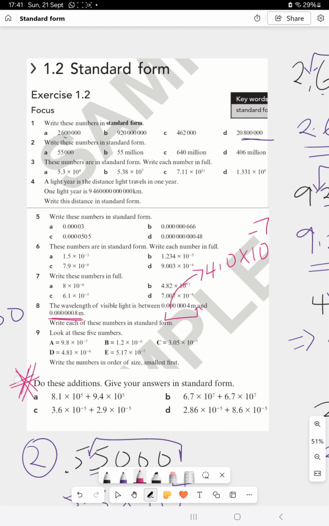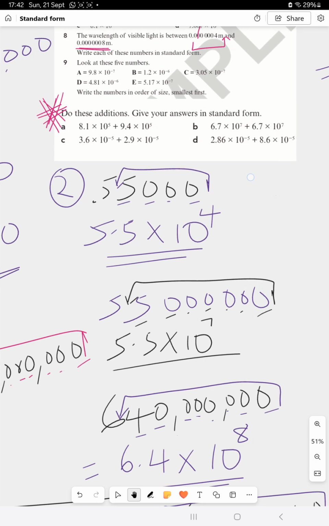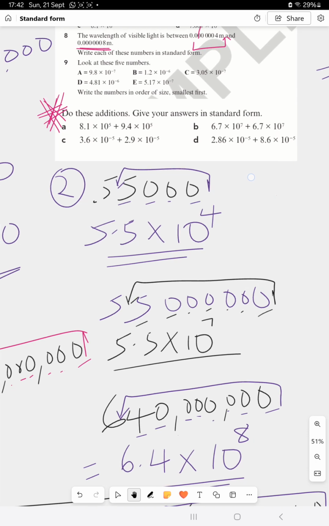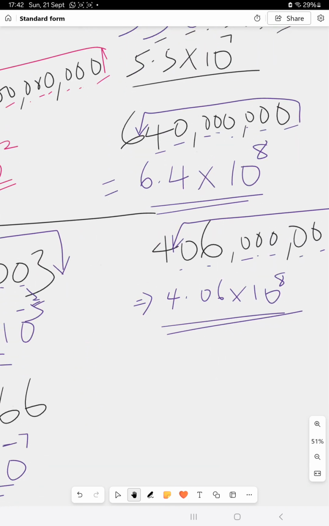Please, as I wind up, let me finish with the last question, which is very, very important. Do these additions. Give your answer in standard form. Please pay attention to this one. The first one is 8.1 times 10 power 5 plus 9.4 times 10 power 5. All of them are power 5, so it's 8.1 plus 9.4.